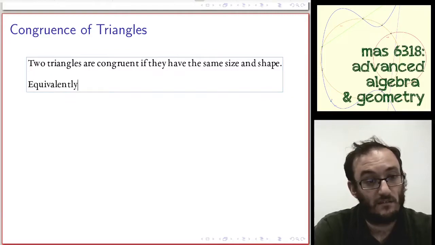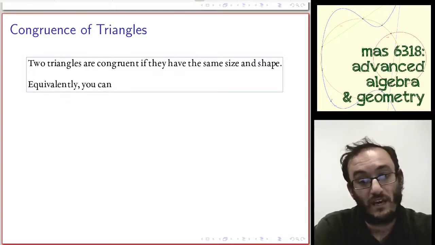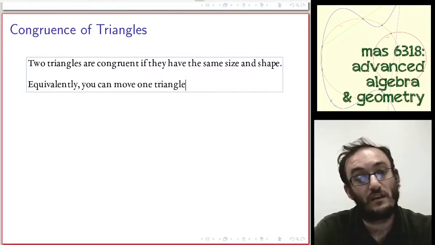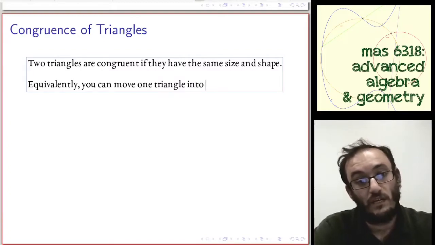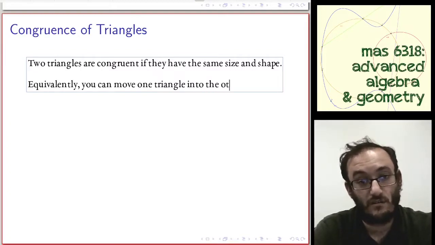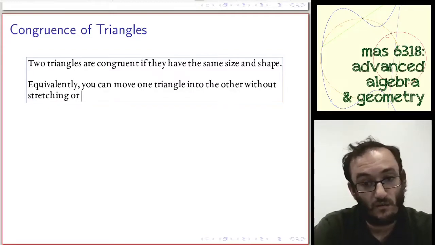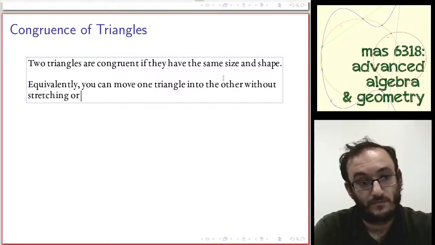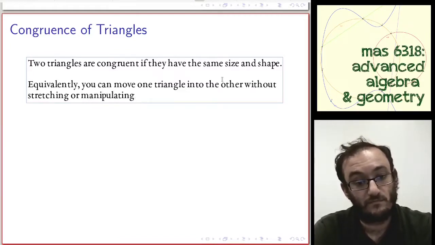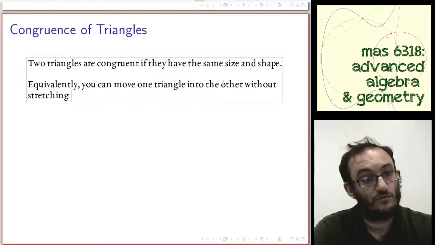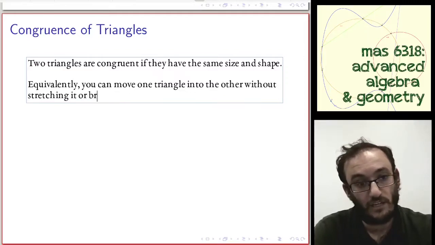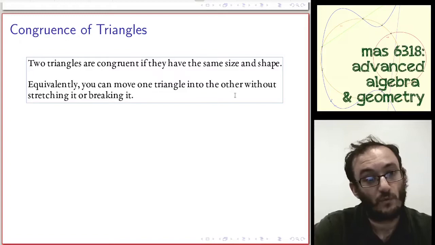Equivalently, you can move one triangle into the other without stretching it or breaking it. Okay.